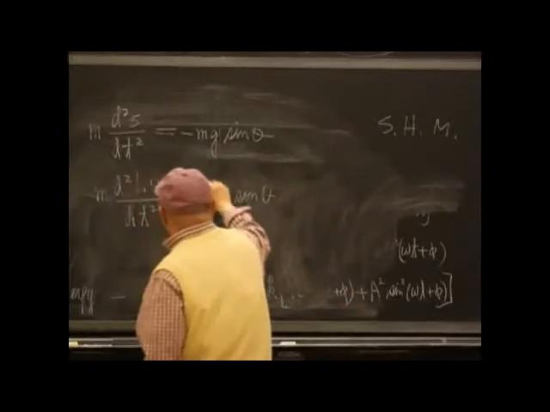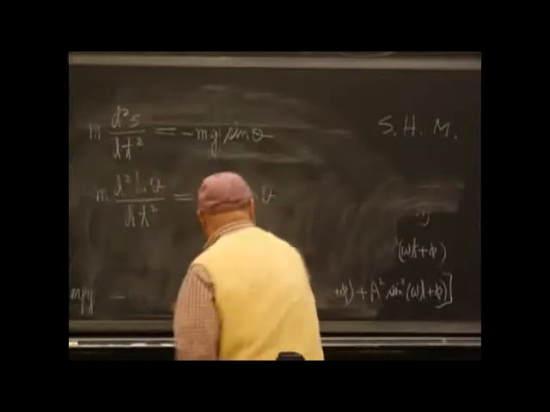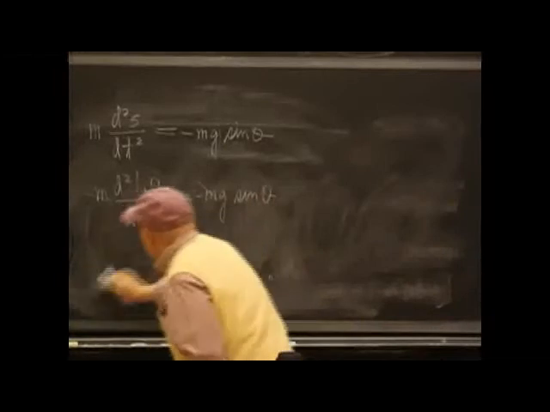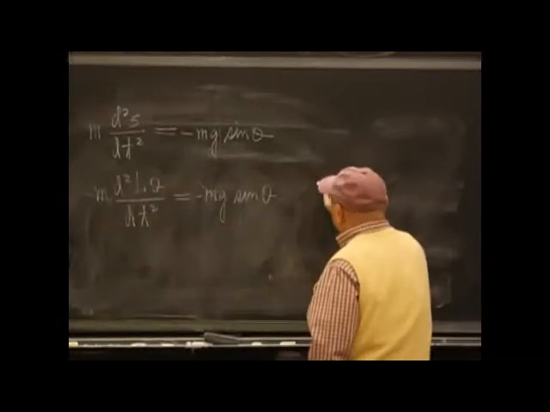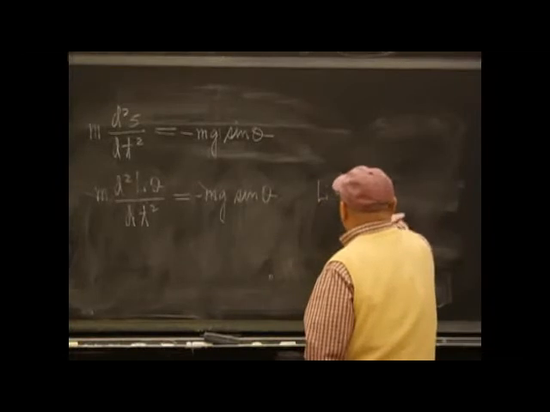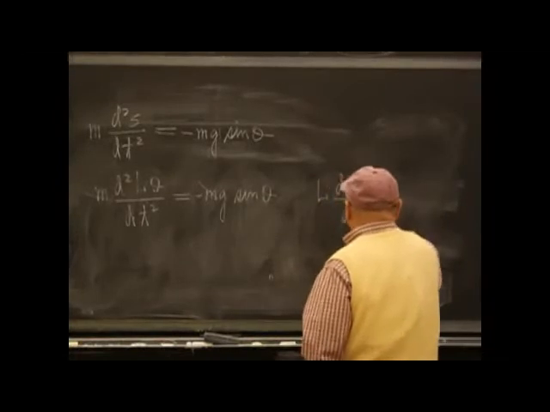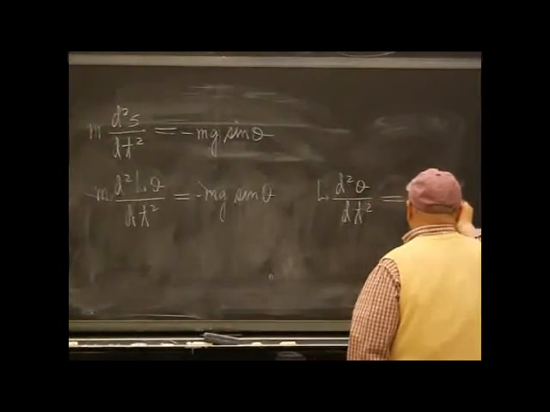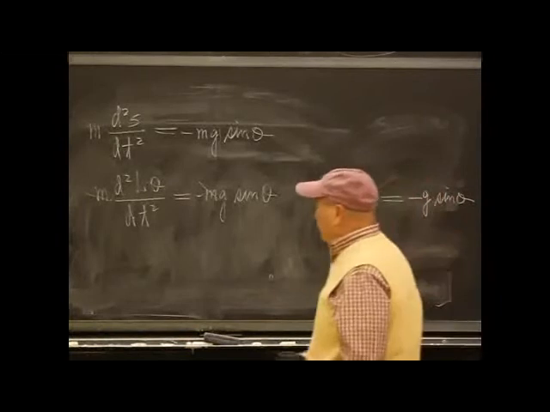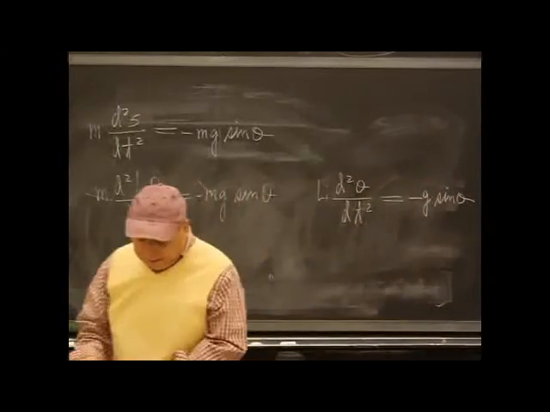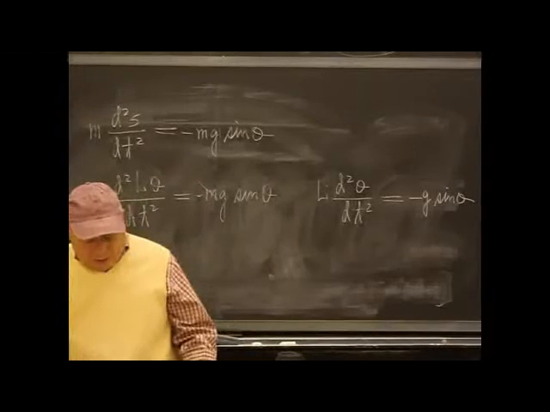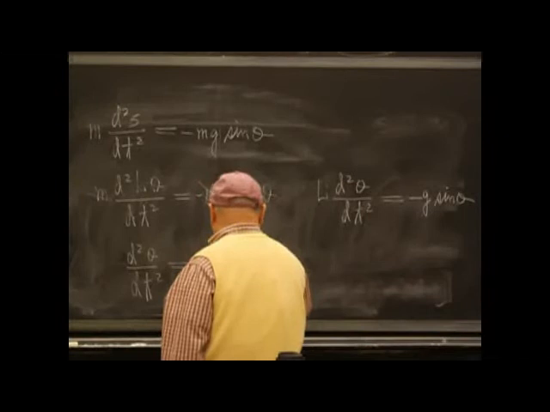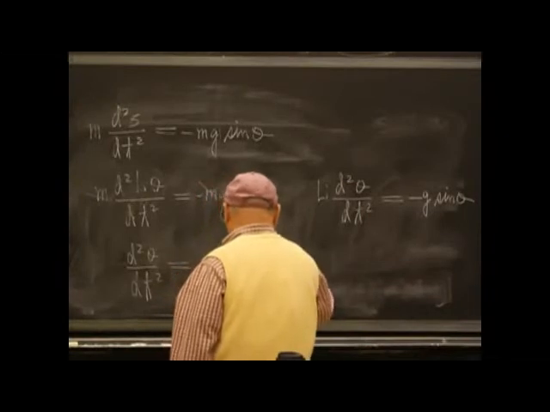So m cancels out, and we get a very nice equation: L d2 theta dt2 equal to minus g times sine theta. So we almost got there. Now we get d2 theta dt2 equal to minus g divided by L times sine theta.